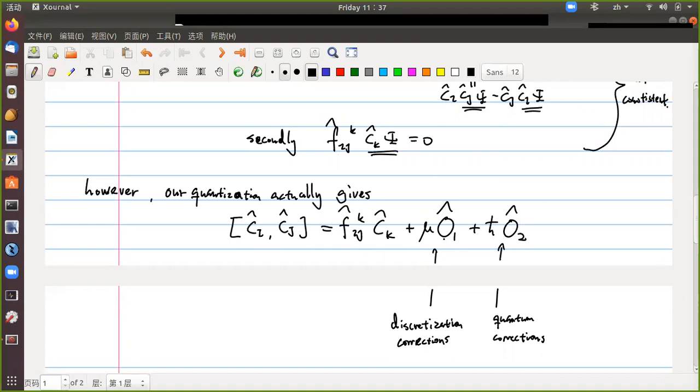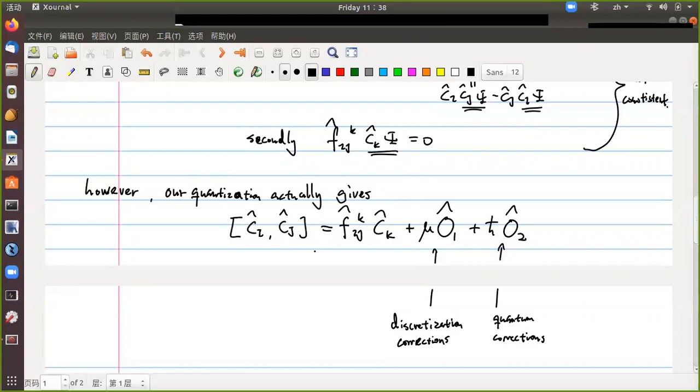We first put those constraints on the lattice, write the discretized formula for these constraints, and then quantize the lattice formulation. That's why we get some discretization corrections of order mu.